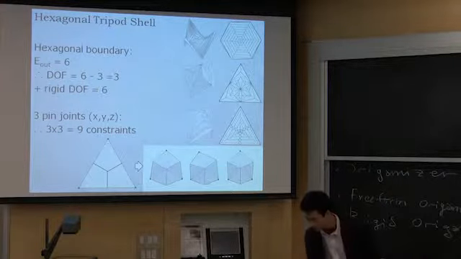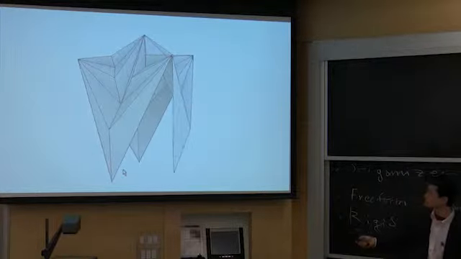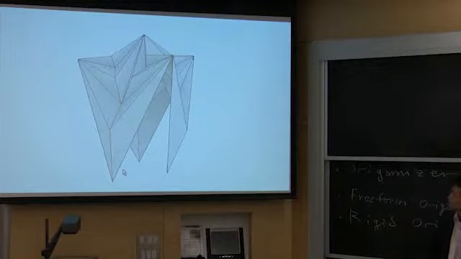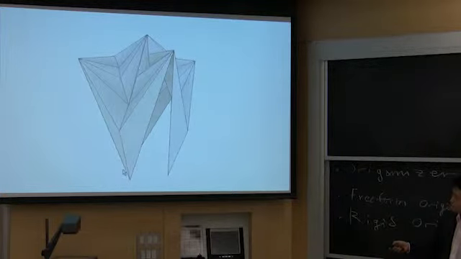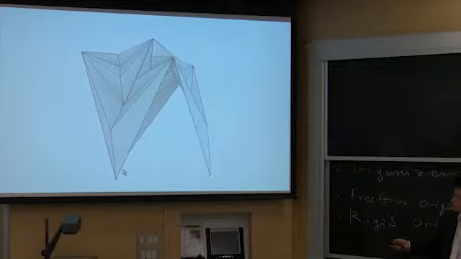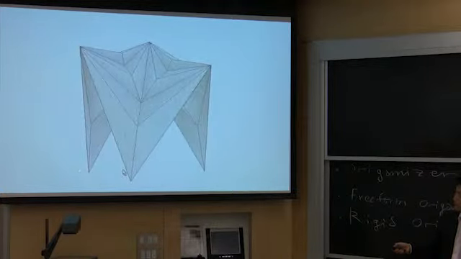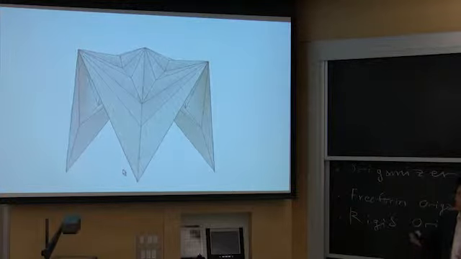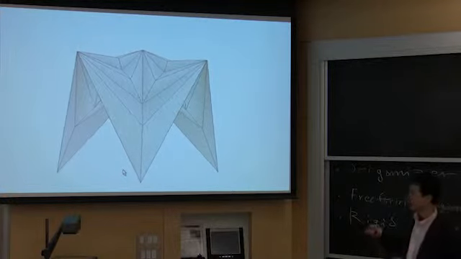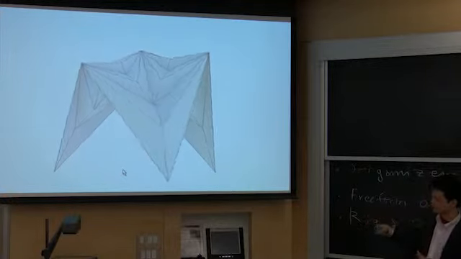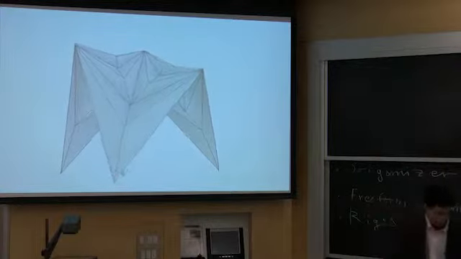So, for example, this is a triangular form where the position of this pod changes the overall shape, and it's static when it's fixed. It's all pin joint.